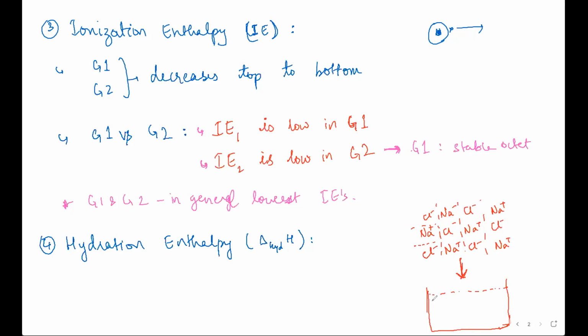Each ion which is originally in solid state has to break free and become an individual ion. Then water is polar in nature. So if you had Na plus, the delta negative on oxygen, the lone pair, gets attracted to this positively charged ion. This is what happens in the case of cations.